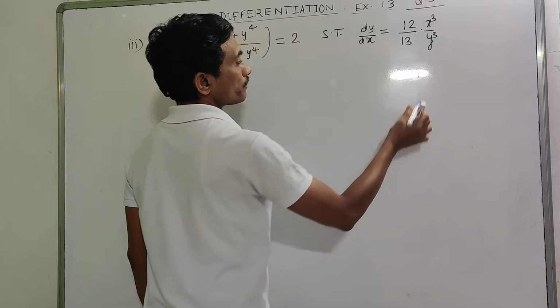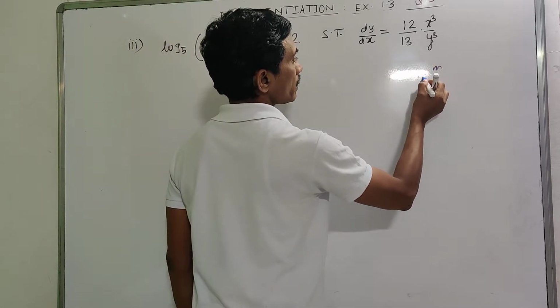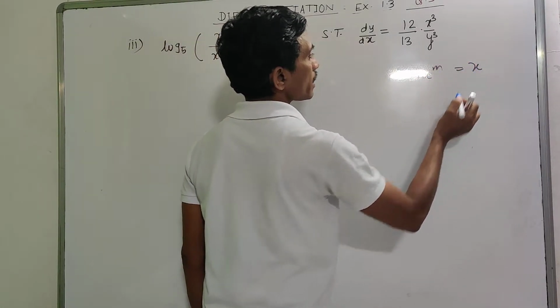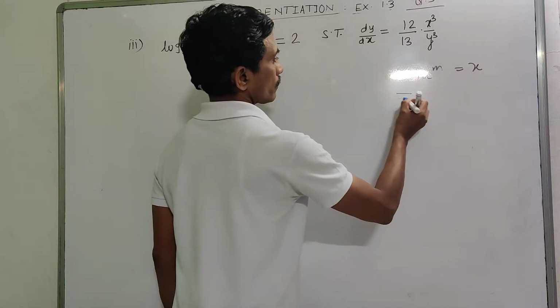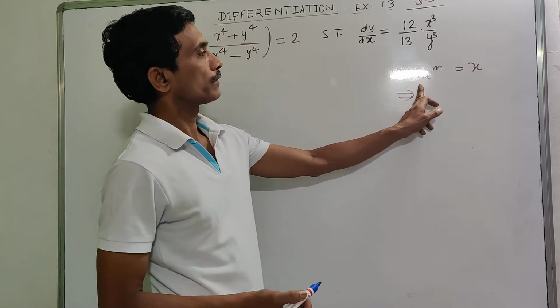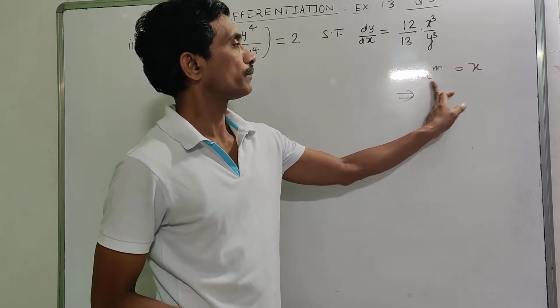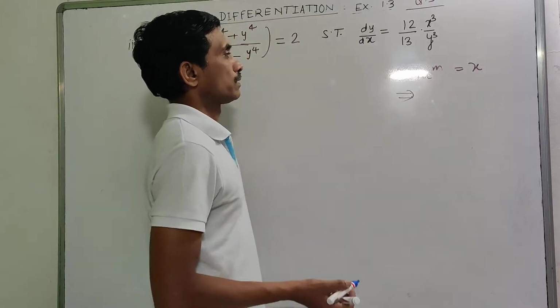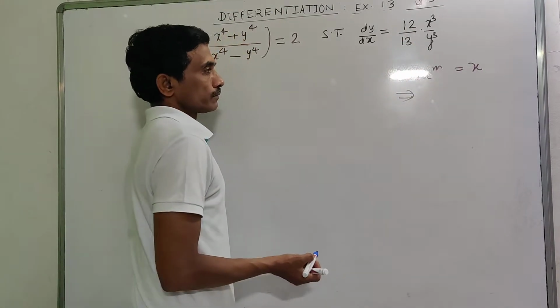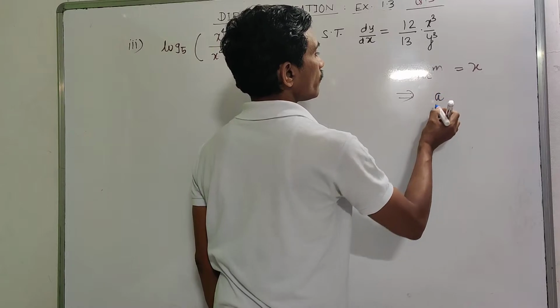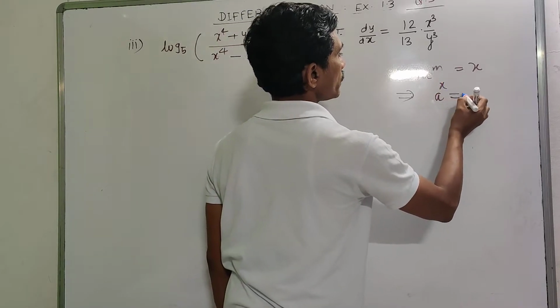See, log of m to the base a is equal to, suppose, x, then this implies, your base is a, log of m base a is equal to x, this is the logarithmic form, we can write it in exponential form, so that exponential form will be a raised to power x is equal to m.